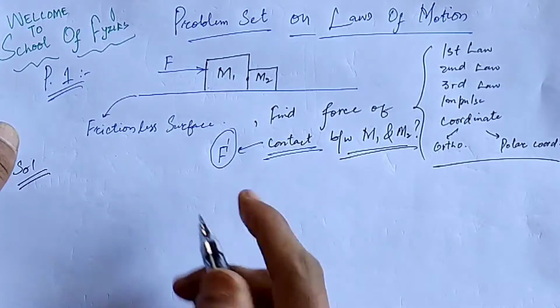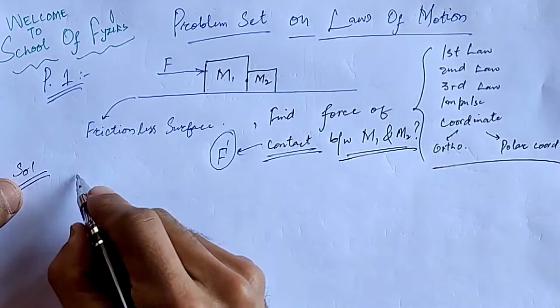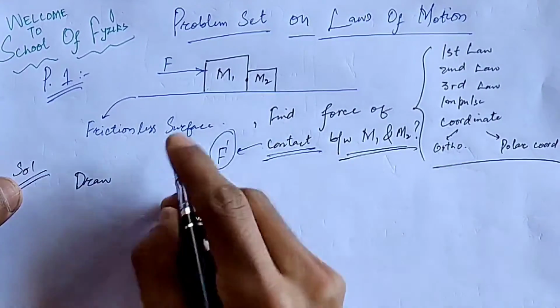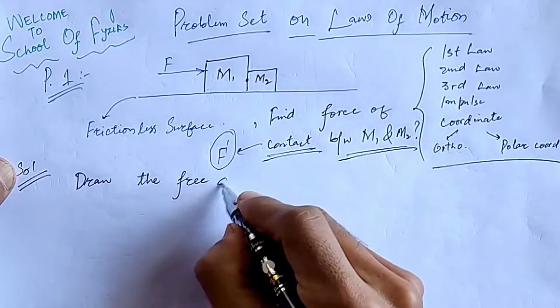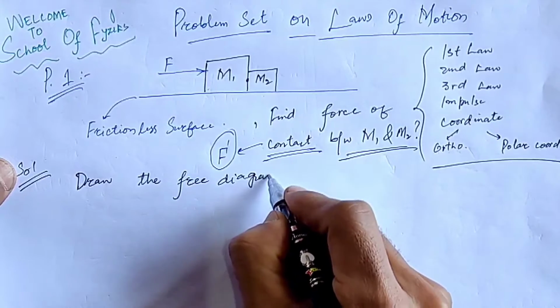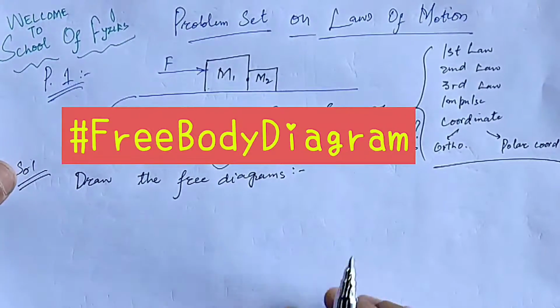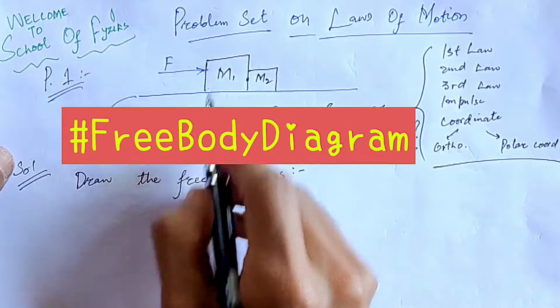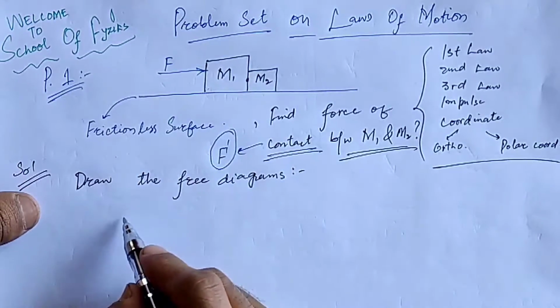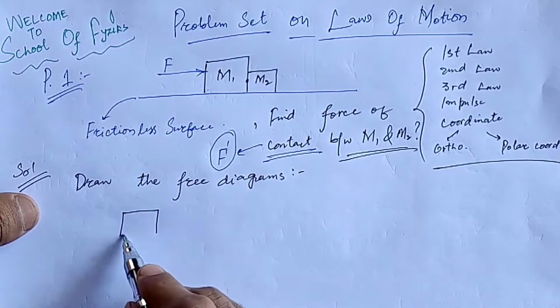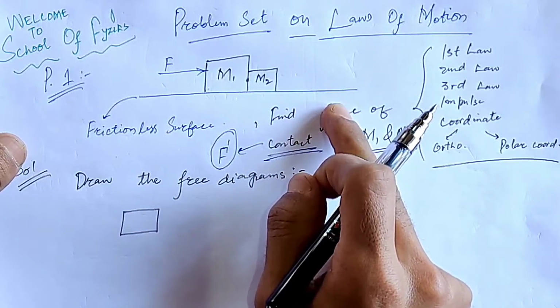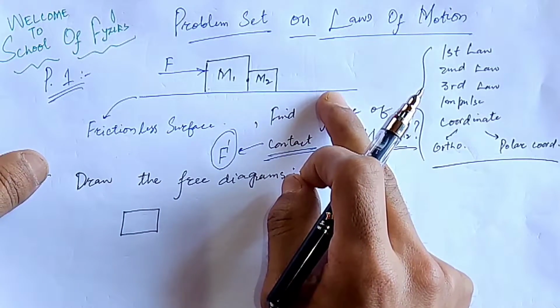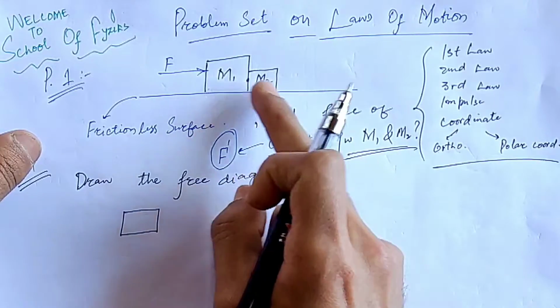First and foremost, draw the free body diagrams. For example, the mass m1, this body is here. Since the surface is frictionless, it will not exert any frictional force on these bodies.